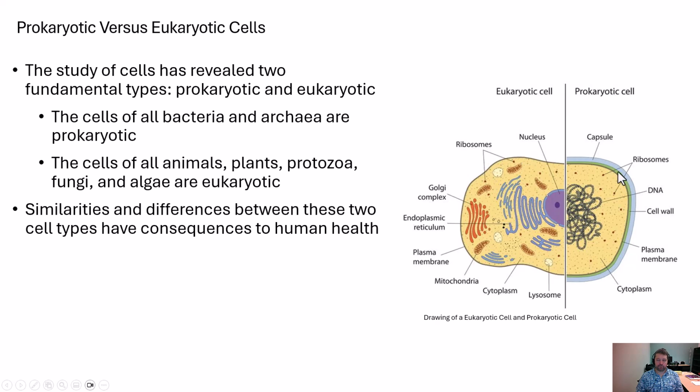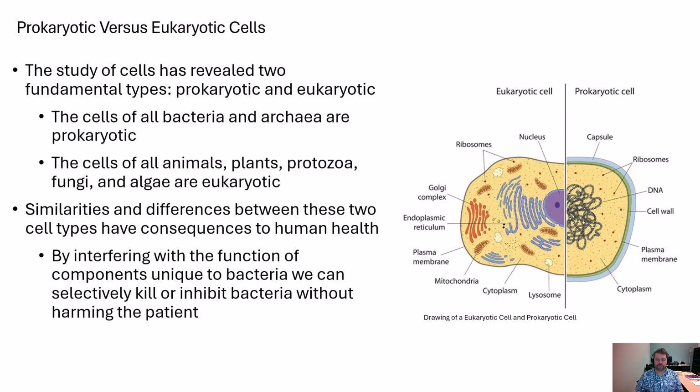And so if that's the case, it would destroy both, and then the eukaryotic individual is harmed by it. Okay, so figuring out the differences and the similarities between the two definitely drives modern medicine.